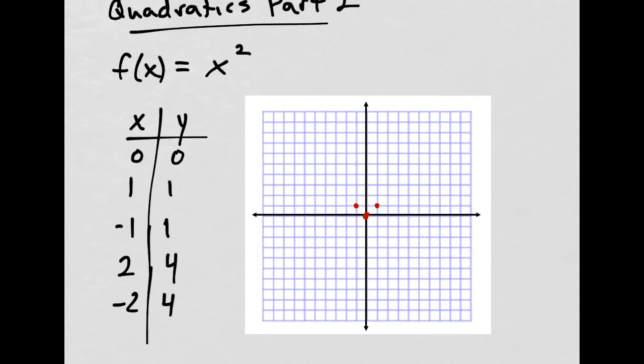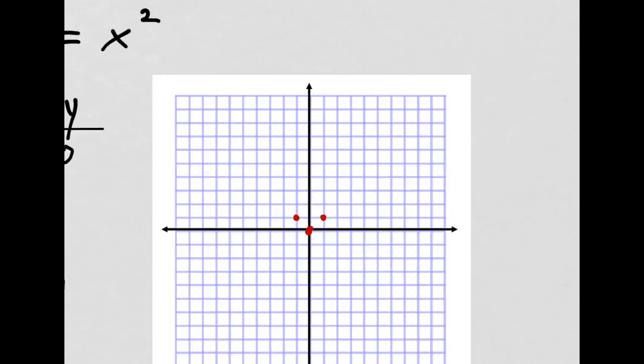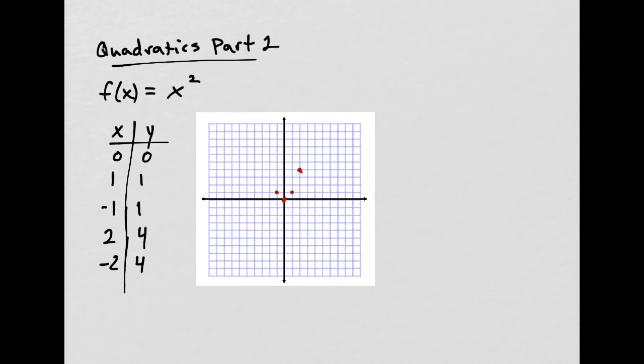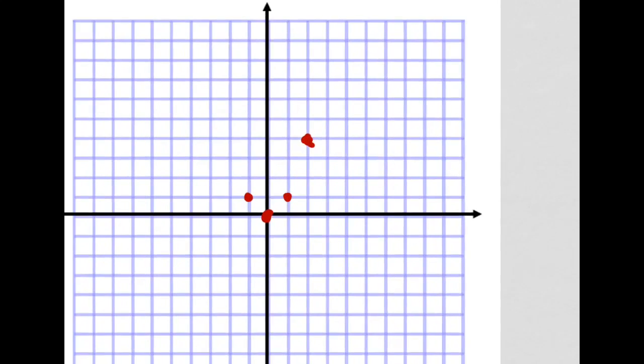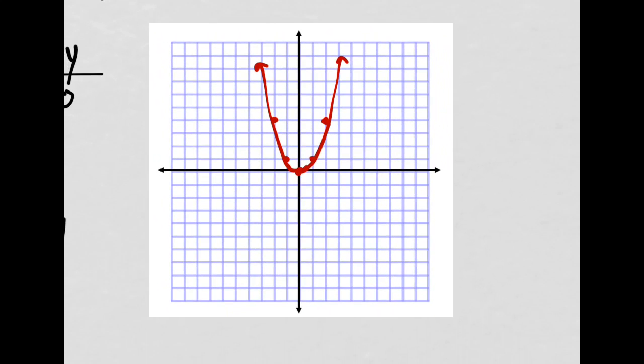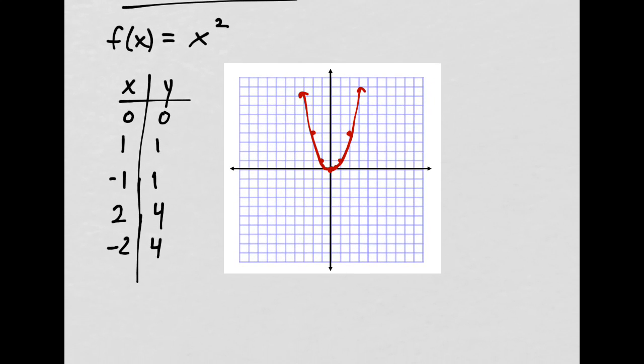That's why I did that. 2, 4. Over 2, up 4. So that would be there. And then negative 2, 4, that's back 2, up 4. And I'm going to make it curved. So a nice parabola looking thing right there.